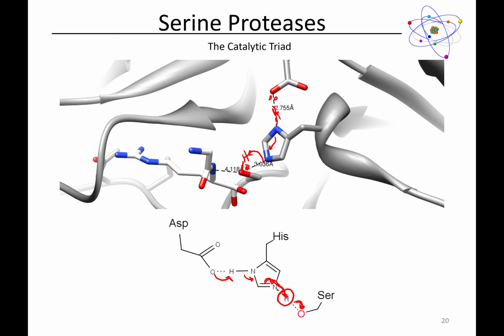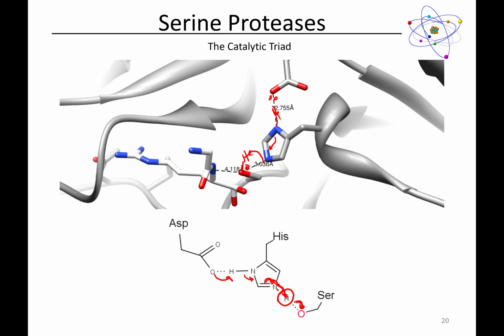So the way this gets initiated, the way this process starts, is the catalytic triad effectively deprotonates that serine, making it a good nucleophile. The serine gets activated as a nucleophile because of how it's electronically linked to that aspartic acid through this histidine. Okay?